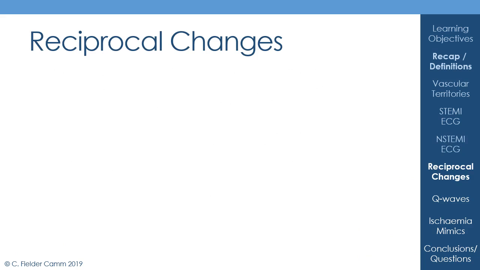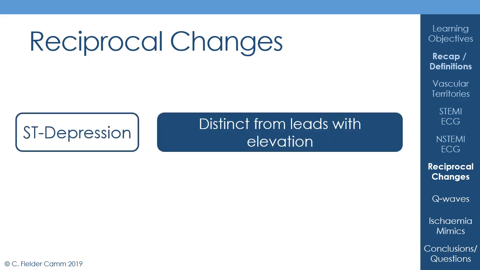So I want to talk very briefly about what are called reciprocal changes, and that's because I think people hear about them and aren't necessarily particularly sure about what they are. Essentially this is finding ST depression in leads that are distinct from the leads with elevation. So you'll have some leads with ST elevation and then a separate territory of leads.